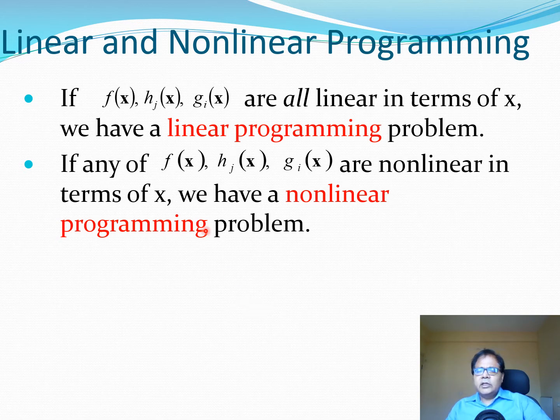Linear programming is defined as a problem where the functions f, h, and g are all linear in terms of x. Recall that f was the objective function and h and g represented constraints. So if the objective and the constraints are all linear, we essentially have a linear programming problem.